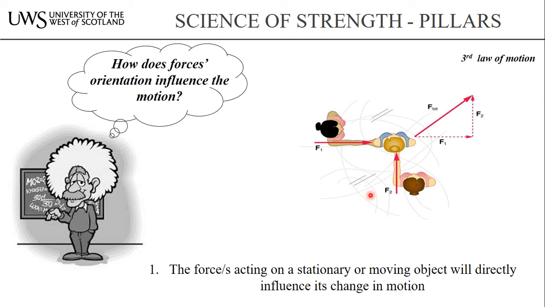So as an option to improve acceleration or change of direction capabilities, we should do some exercises in which the body is demanded to move forward or sideways rather than vertically upward.